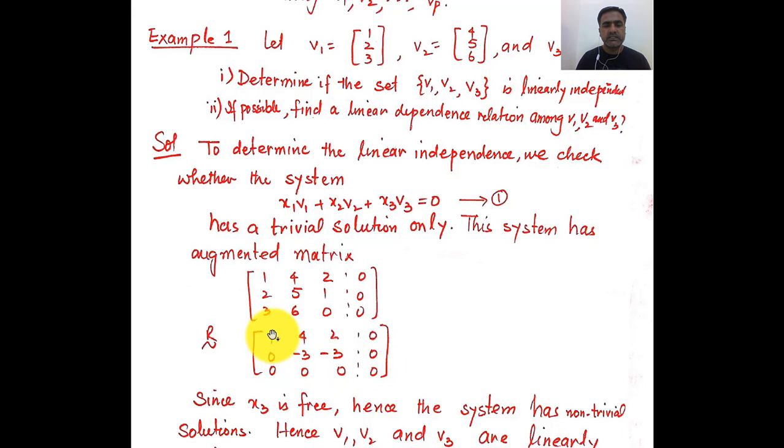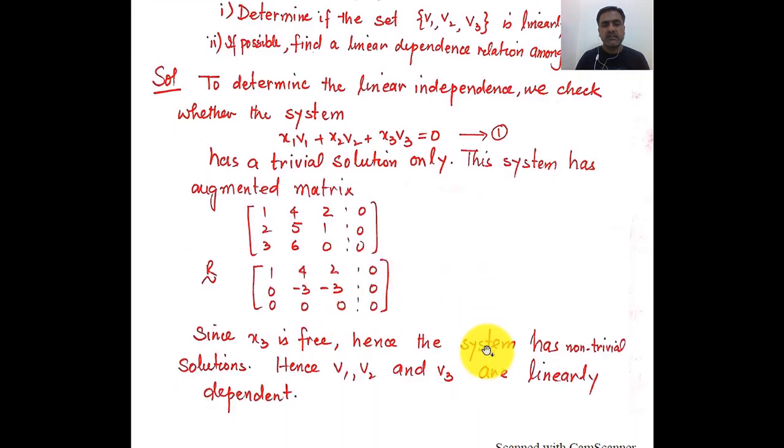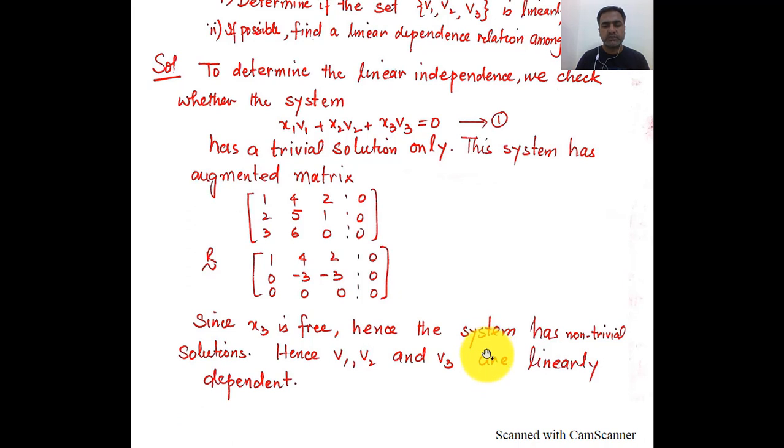Now in this case we see that this is a pivot position, this is a pivot position, and in the third row there is no pivot entry, and hence x3 is a free variable. And since x3 is a free variable, the system has non-trivial solutions, and thus v1, v2 and v3 are linearly dependent by our previous definition.